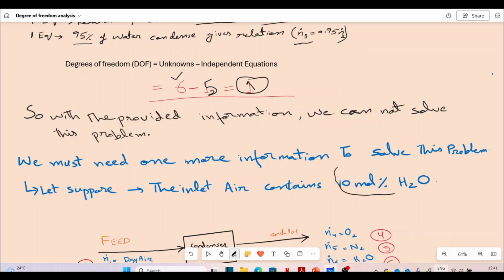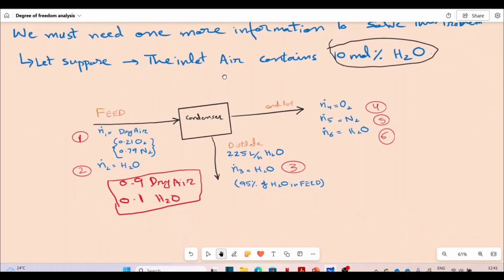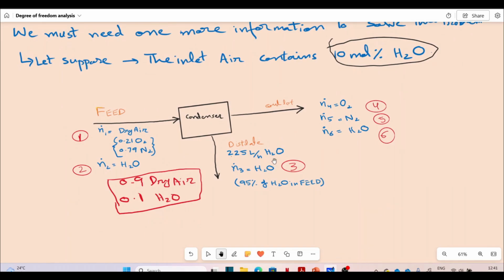Now after having this information we can relabel the process flow diagram. Because it's given that 10 mole percent is water in the feed, it means that 0.1 mole fraction is water and 0.9 mole fraction is dry air. So having this new information, now the degree of freedom will be 0, and we can solve this problem.